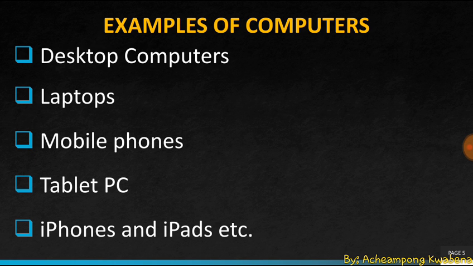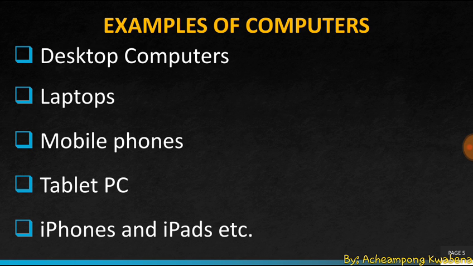So we have many devices that work the same way as the desktop computers, and they are also classified or called computers. So any device that accepts data, works on the data, and gives out information is classified as a computer. Now let's have a look at the ones we have mentioned.